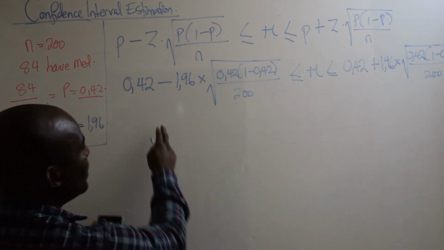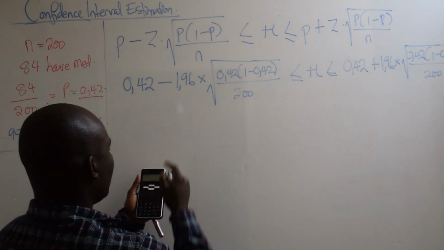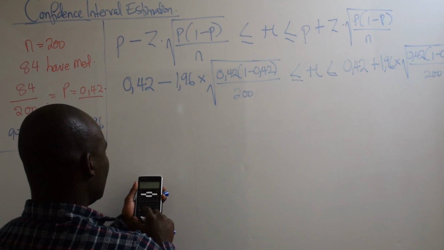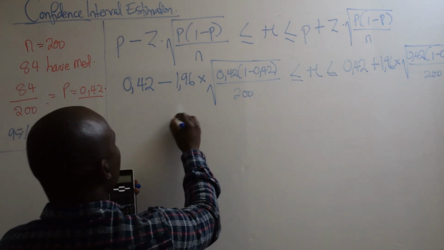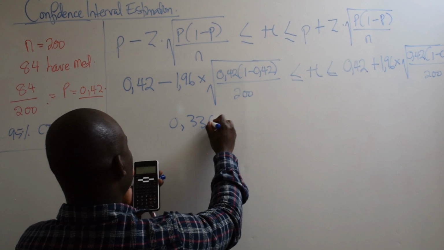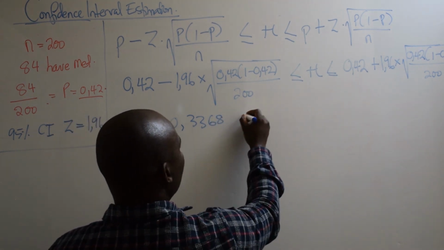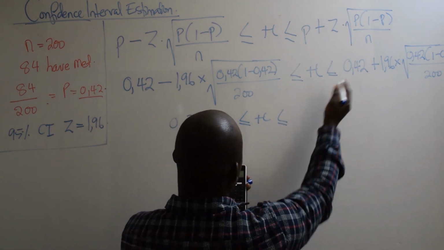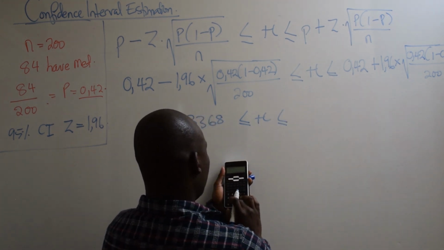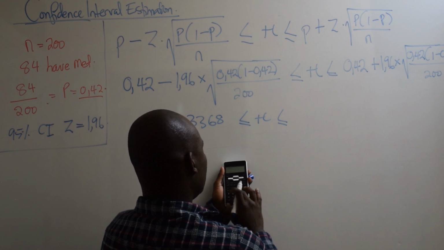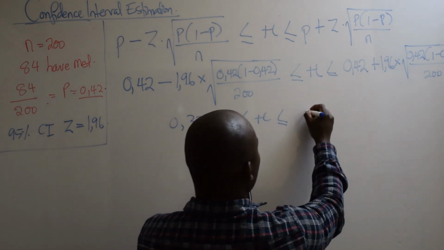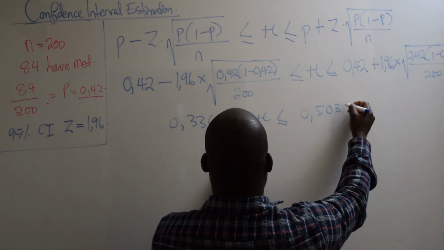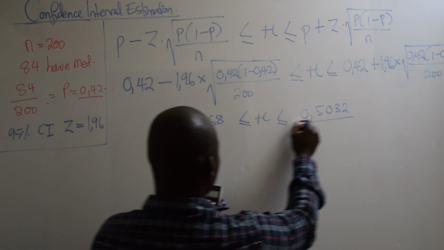So on the first part, I'm going to say 0.42 minus, recall what I put in A. So this is 0.3368, which is less than or equal to the pi, which is not more than 0.42 plus the calculation, which is 0.503, to the nearest.